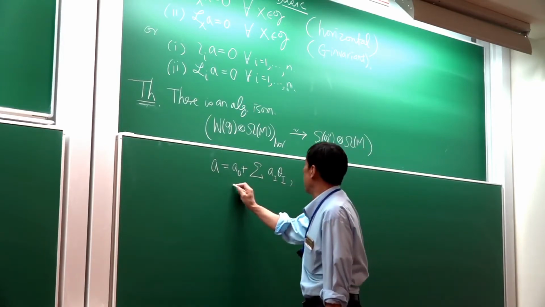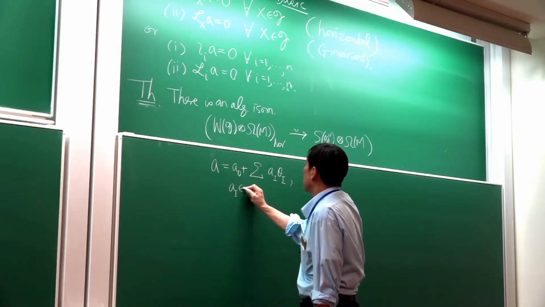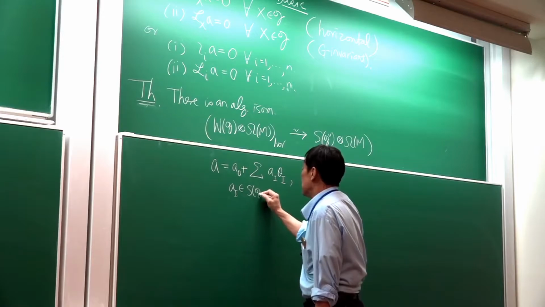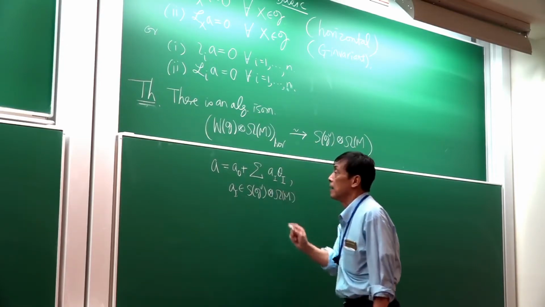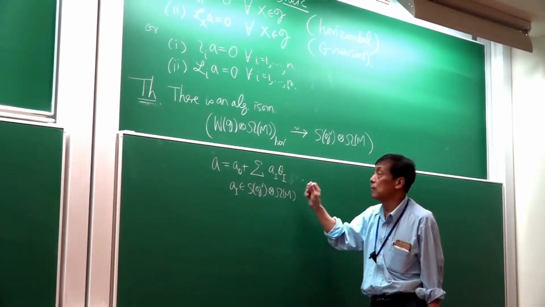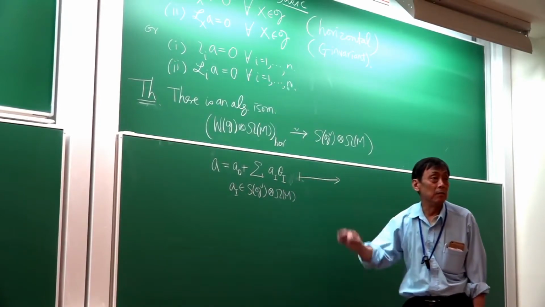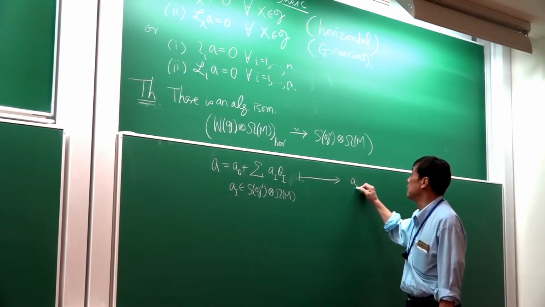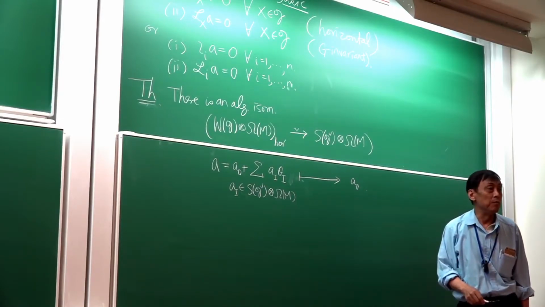Where A sub I is in S g dual tensor with omega M. Okay? And you drop all the terms with theta in it. So you just map it to A0. Okay? I claim that that's an isomorphism.